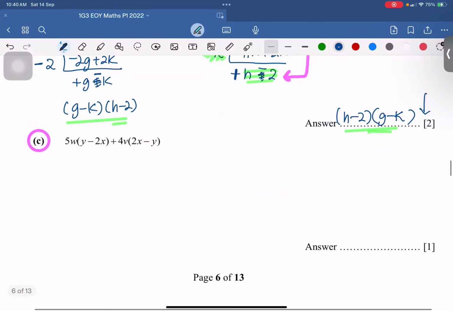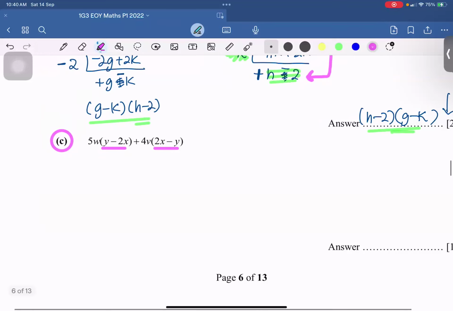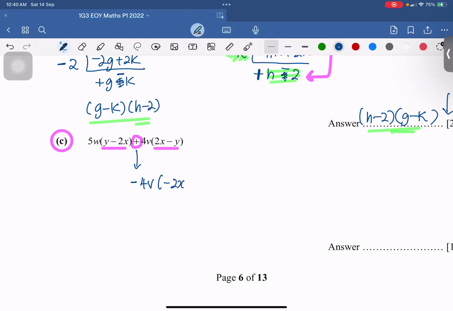From here, I can see obviously the common factor looks alike: Y minus 2X and 2X minus Y. They are in the different sign. So what I can do is factorize out a negative sign for this. I'll change it to negative 4V, and I change this to become negative 2x plus y, which is exactly the same.